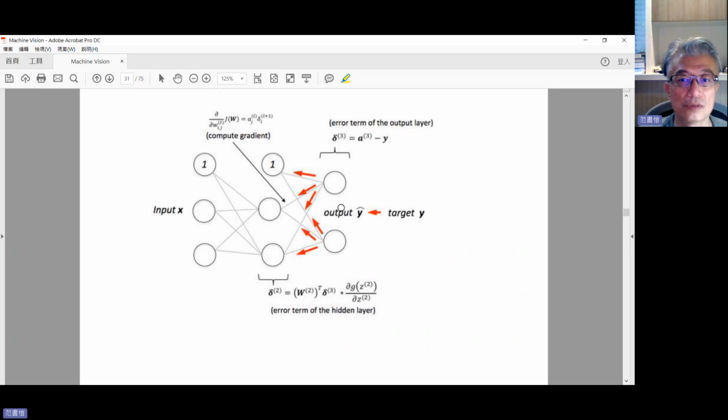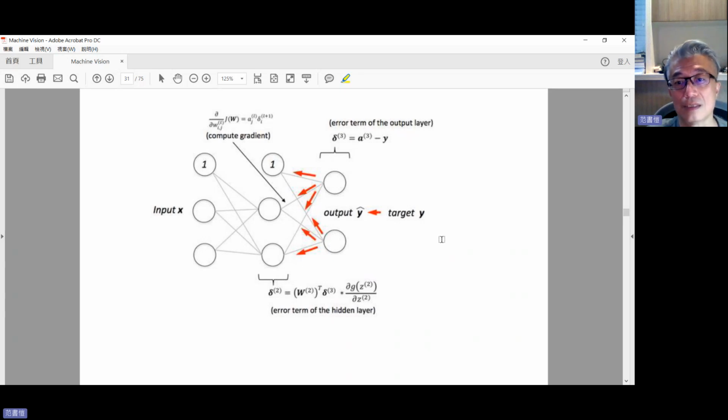This is the output, which is what we try to predict, called the target Y. The Y hat is the linear combination: the value of each node multiplied by weights, combined, with the bias added, then a nonlinear transformation using the activation function.